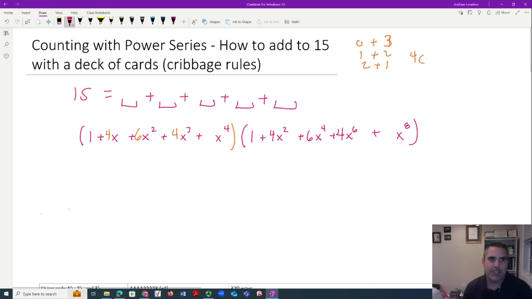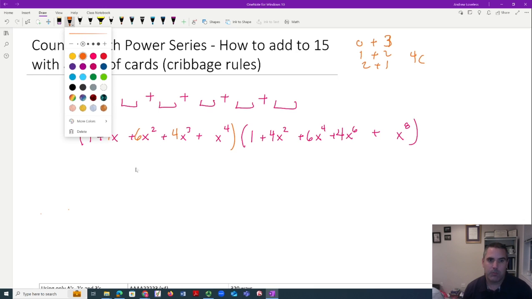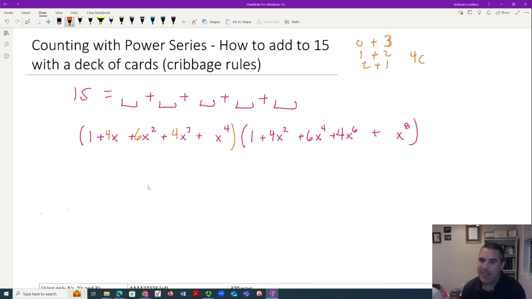So if I expand this out, it will give me all the things I can get by adding aces and 2's in a deck in every possible way I can do it. For example, if I did this multiplication, I would get 4x squared from this times this, and 6x squared from this times this. So in total, I would have 10x squareds.